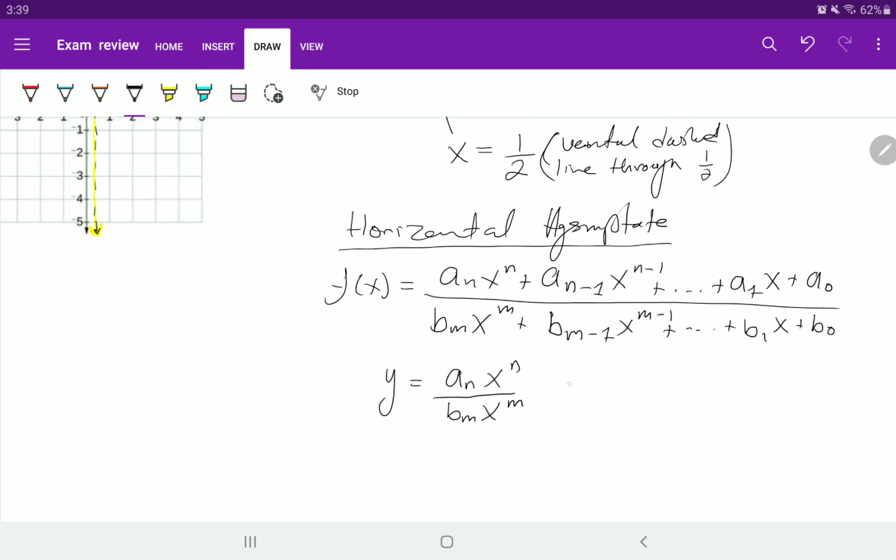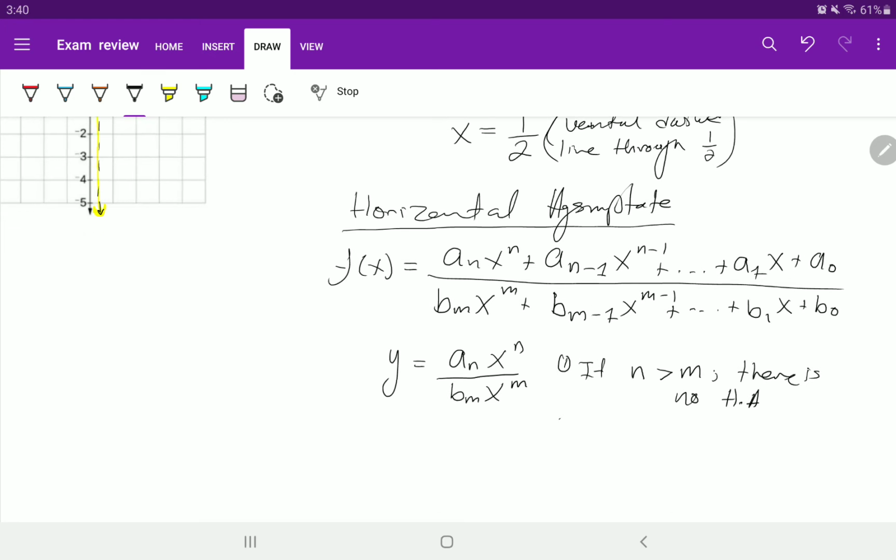Now, here are the rules. Number 1: if n, which is the degree in your numerator, is greater than the degree in the denominator, there is no horizontal asymptote, HA. Number 2: if the degree in the numerator is equal to the degree in the denominator, the horizontal asymptote is the equation y equals the coefficients a sub n divided by b sub m.